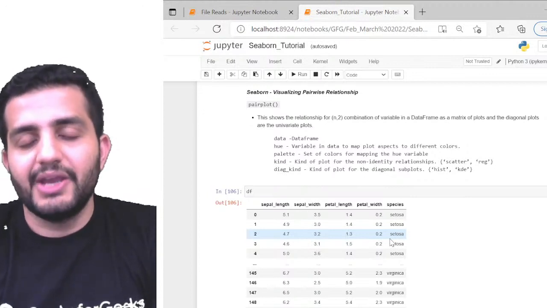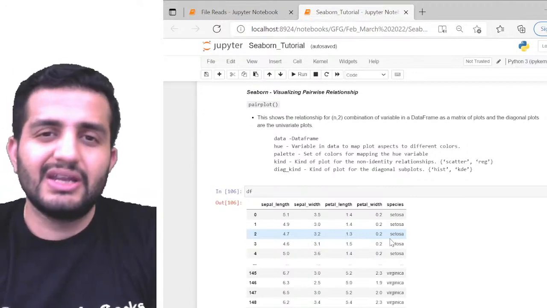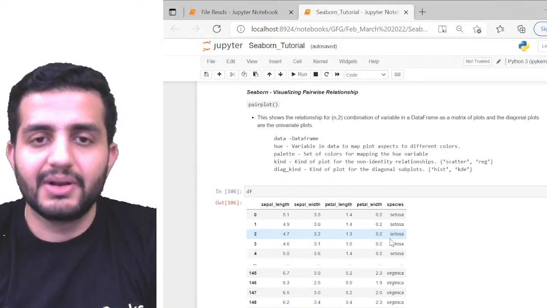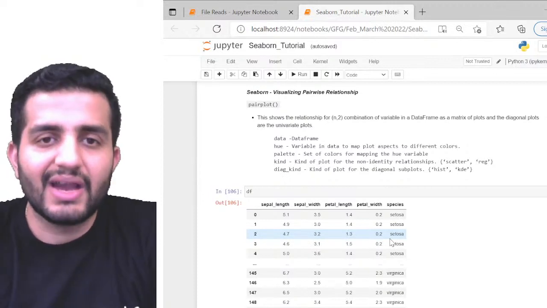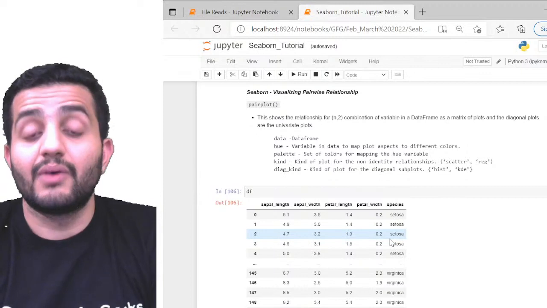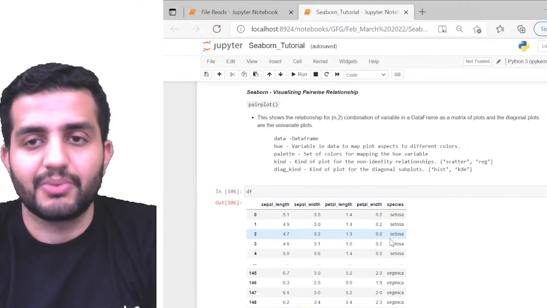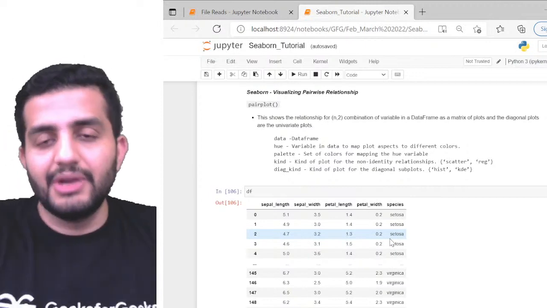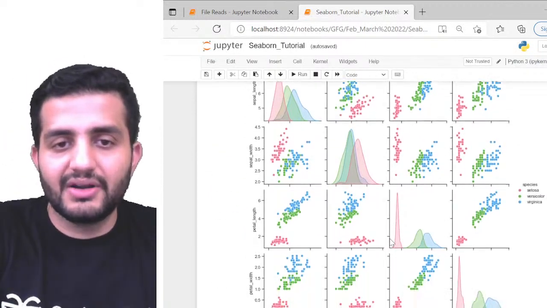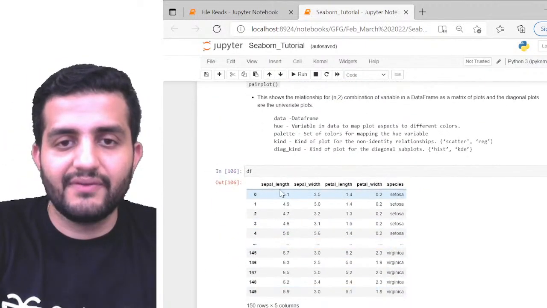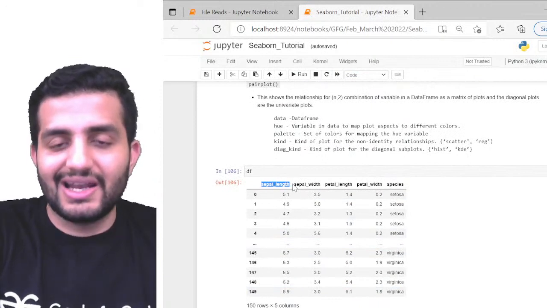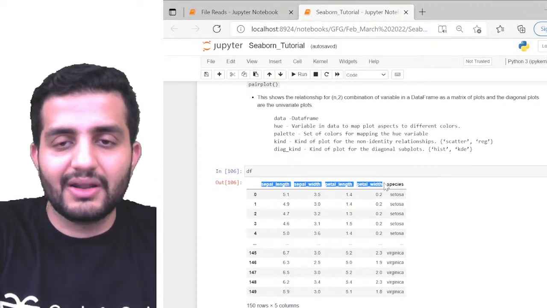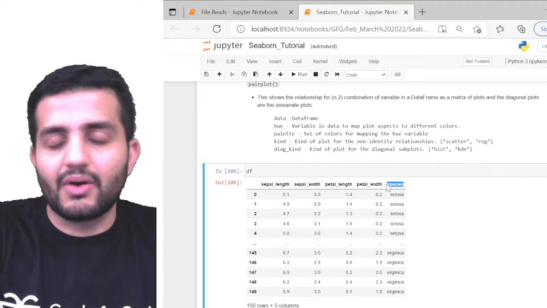Pair plot is again one of the very interesting graphs available in Seaborn, which is actually a pairwise relationship plot. Now, what is a pairwise relationship plot? I'll tell you. As I've said, in this data, how many different variables are there? For example, in the iris data set itself, we have 4 numerical columns and 1 categorical column, right?